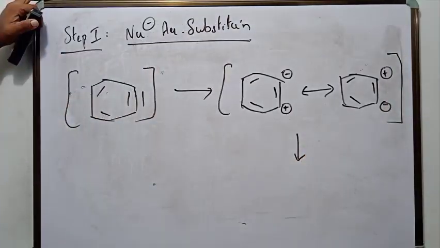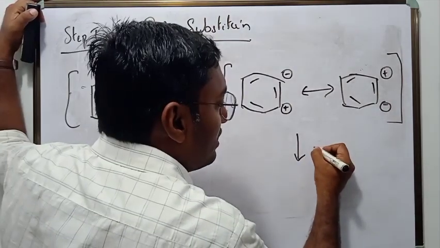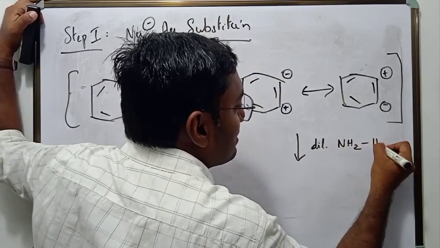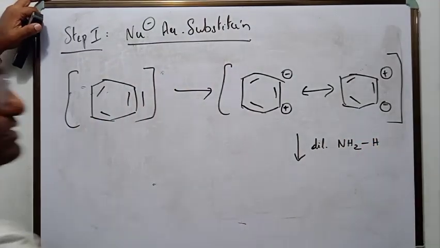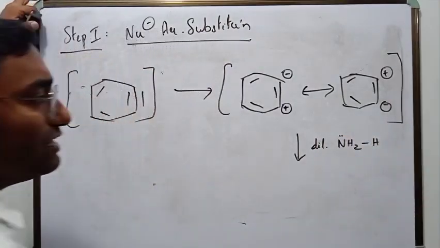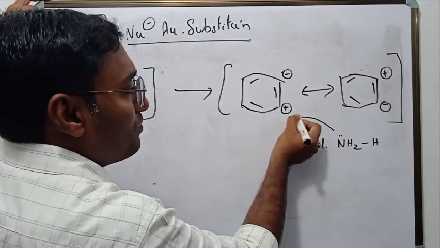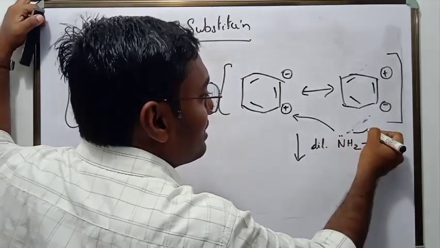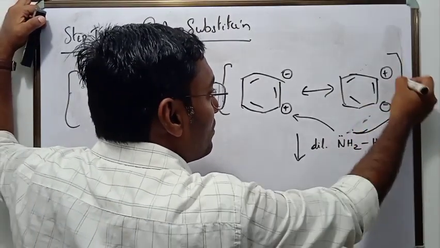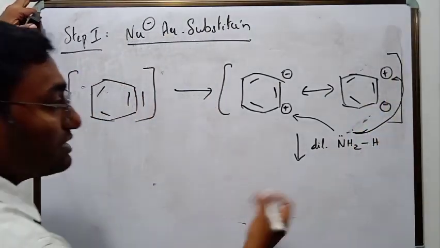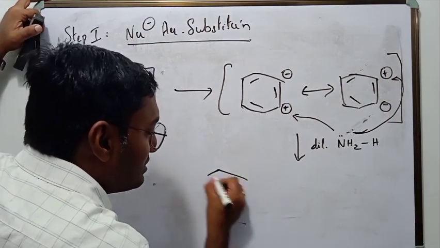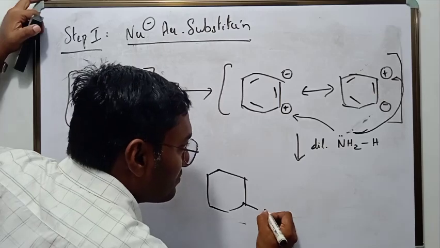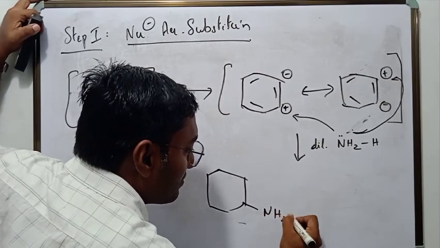Now comes the role of dilute ammonia. So dilute ammonia, I am writing it like this. Now there is a pair of electron here. It can get attracted to positive, right? And here it can get attracted to the upper lobe here. So two structures can come. One structure is like this, right?